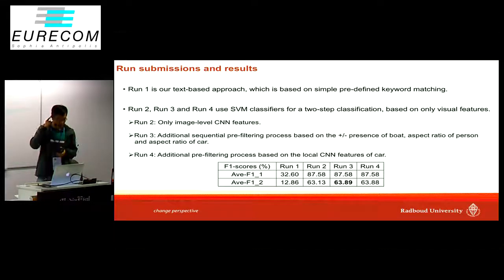For the second one, we only use image level scene features, and for run 3 and run 4, we use additional local features. Specifically for the third one, we use the aspect ratios and also the presence of boxes. And for the last run, we instead use the visual features extracted from the bounding box regions for car.